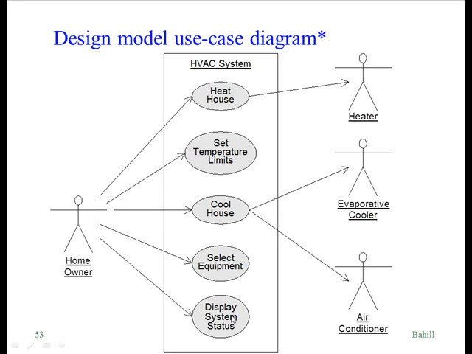By having set temperature limits in our description, we have said that we are going to actually use a thermostat to do that. But what's missing is what this use case is going to interact with. We are saying that it is going to interact with the thermostat, so we can show the thermostat in the picture. That's missing as well.